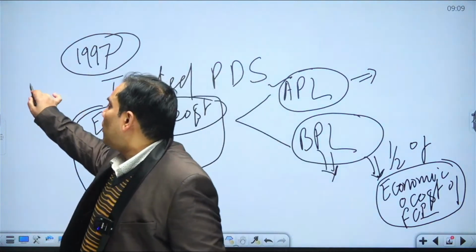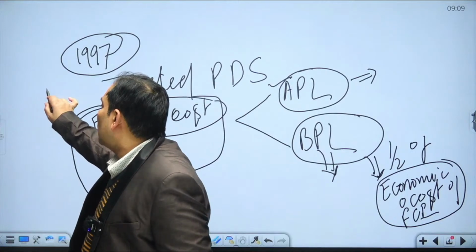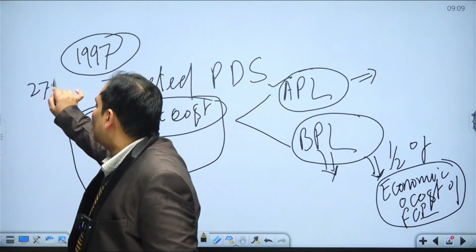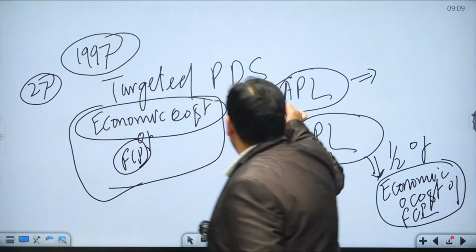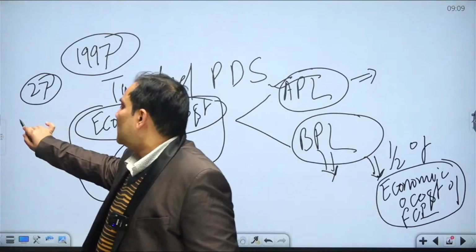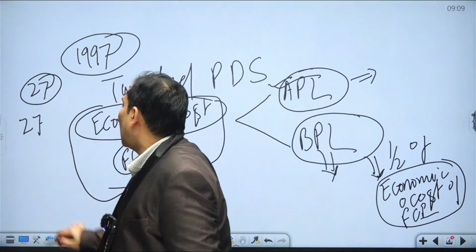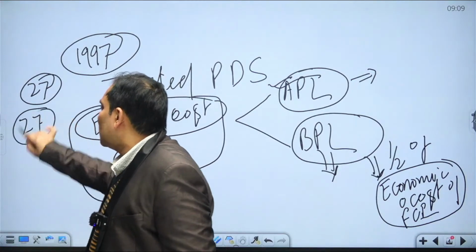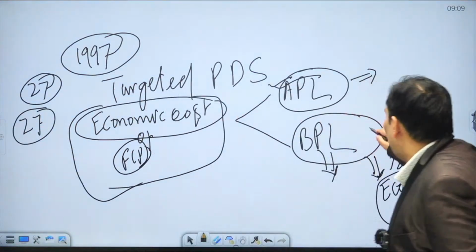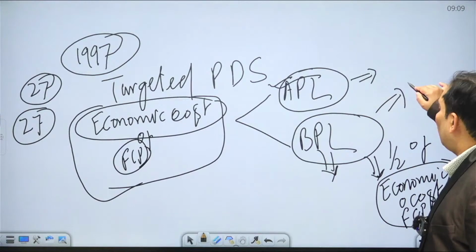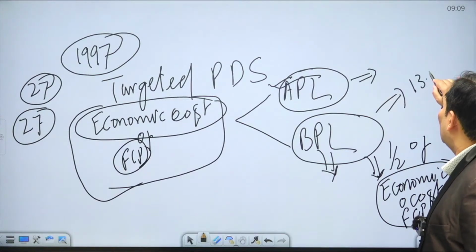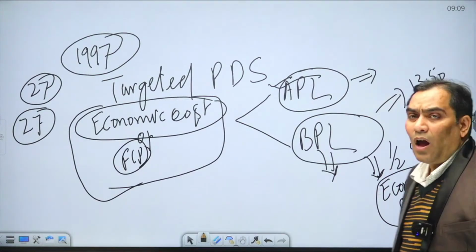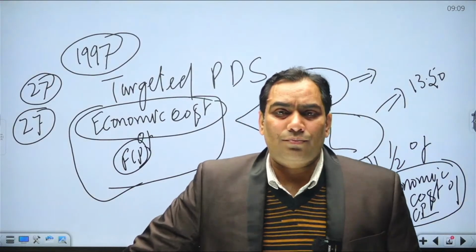Suppose the economic cost, how much did we say? It was 27 rupees. So these people were entitled to get food grains under TPDS at the rate of 27 rupees, but APL was entitled to get the food grains at 13 rupees 50 paise, half of the economic cost.